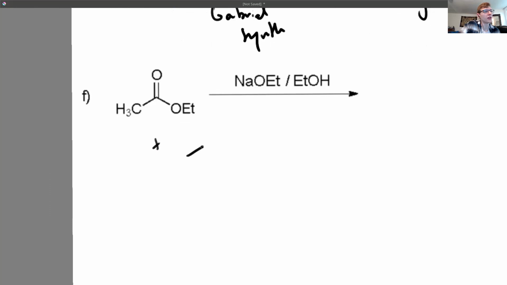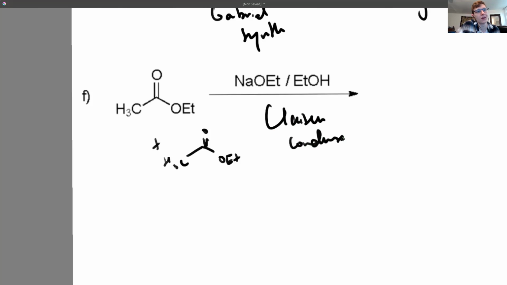What if instead of this, I wrote this? I just wrote the same thing twice. But there's a reason for it. Would this do a condensation? Yeah. And actually, since this is an ester, this is a Claisen condensation.